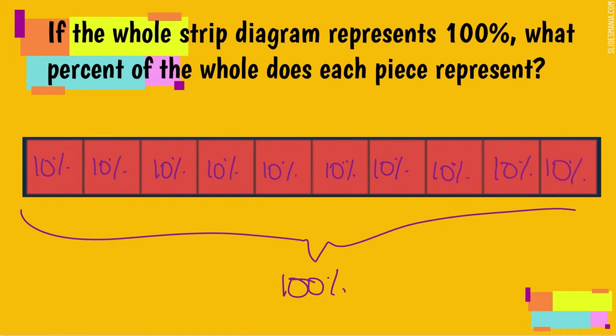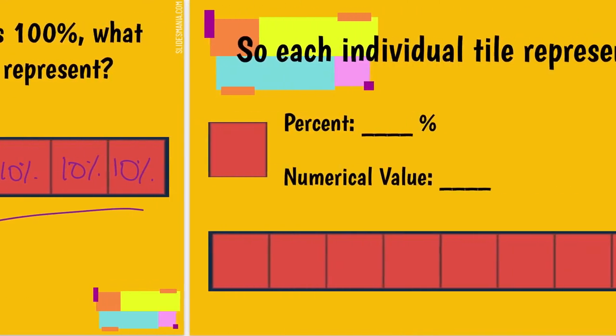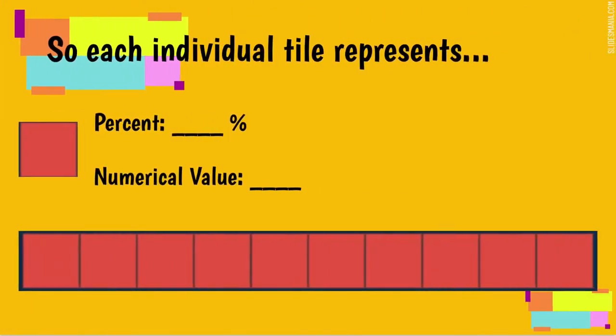Very good. So then to bring it all together, each individual tile represented 10%, and it had a numerical value of 2. So each tile represented 10%, but also 2.